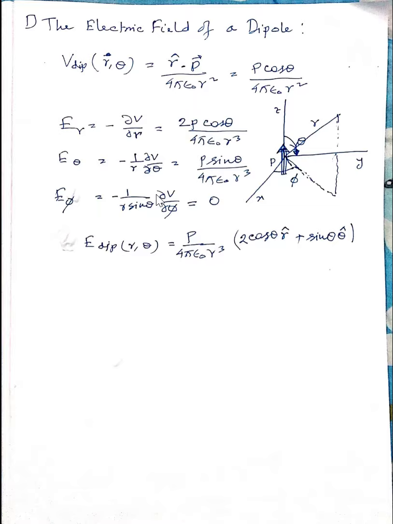See what is the expression of gradient in spherical polar coordinates. You will find that its radial component is the partial derivative with respect to r, and for the theta component it is 1 by r, del by del theta, right?